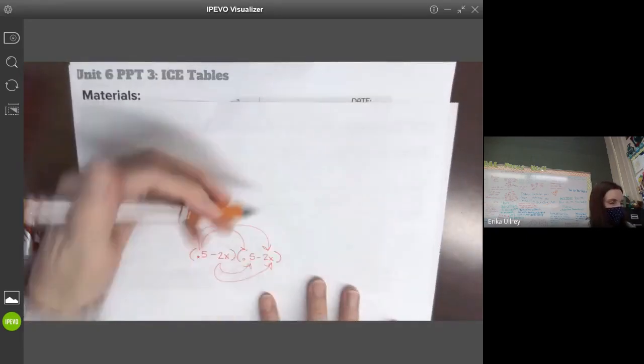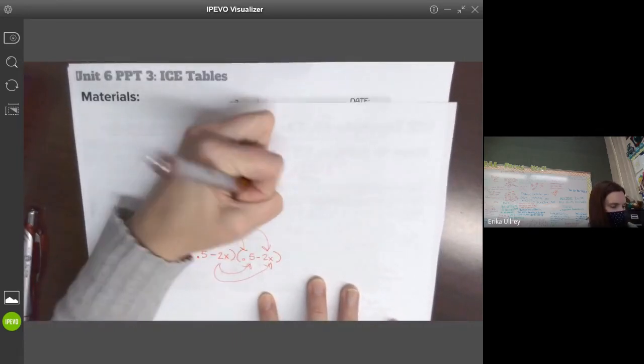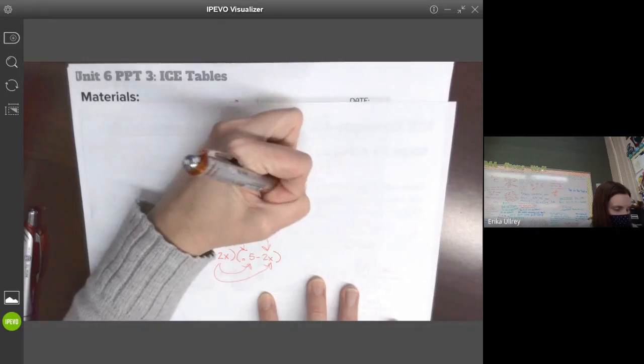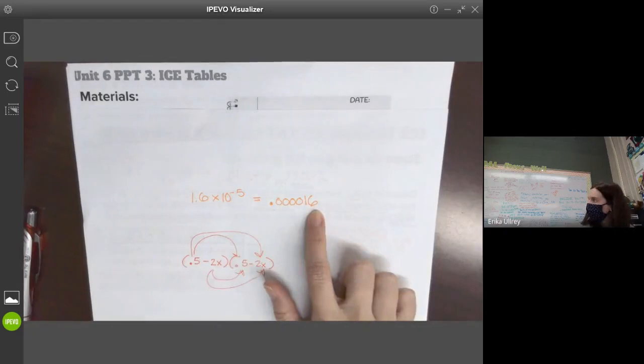What we're going to do is, because our k value is 1.6 times 10 to the negative fifth, right? 1.6 times 10 to the negative fifth. That is equal to 0.000016, right? That's a pretty tiny number.